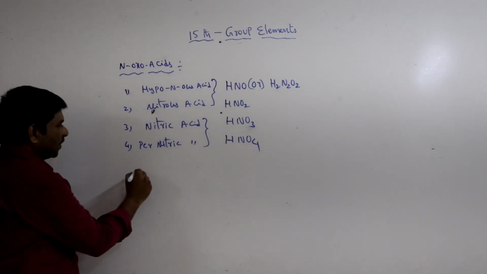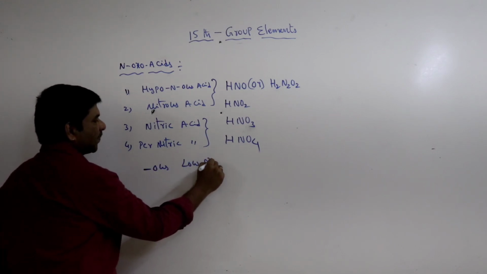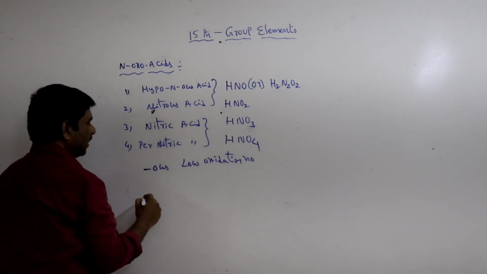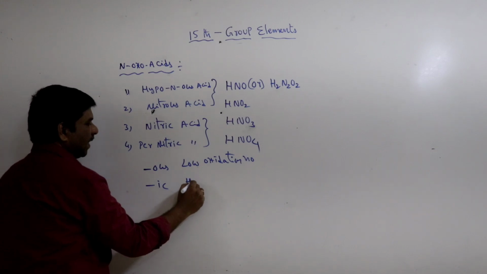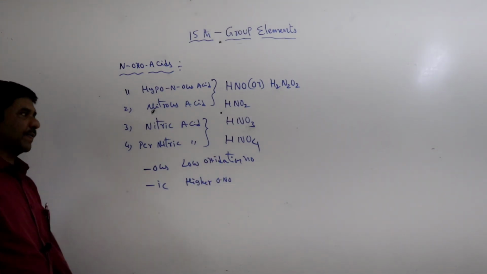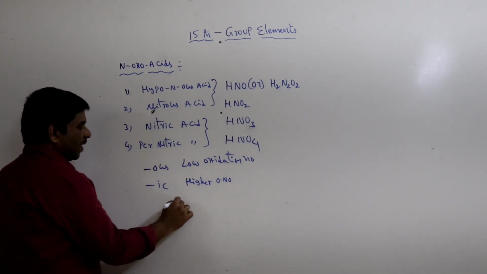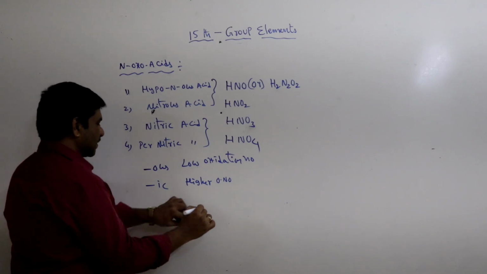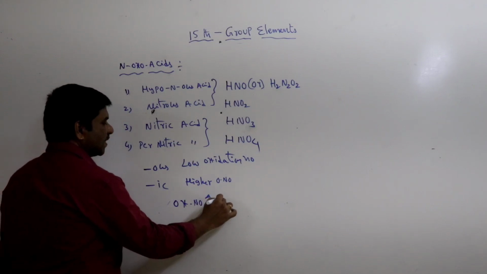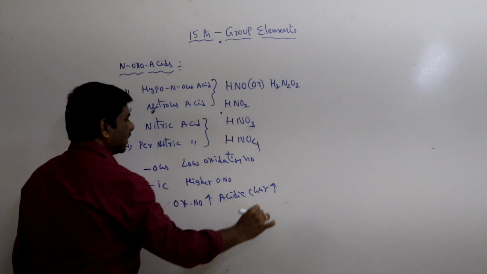You know that "-ous" acids mean lower oxidation number. "-ic" acids mean higher oxidation number. And as the oxidation number increases, its acidic character increases.